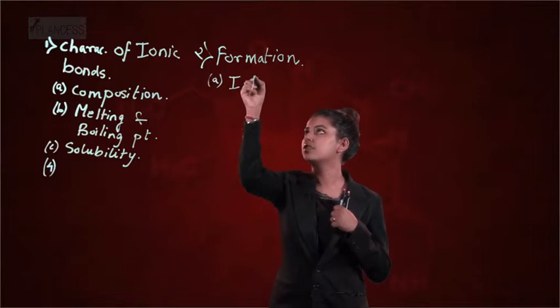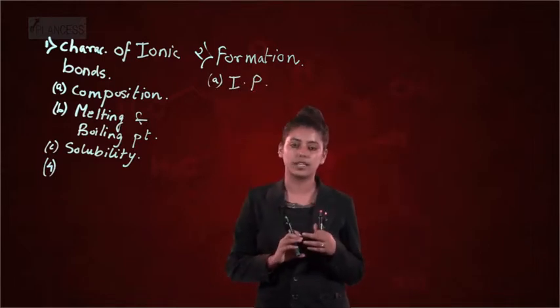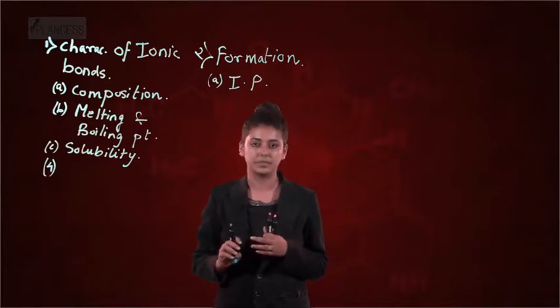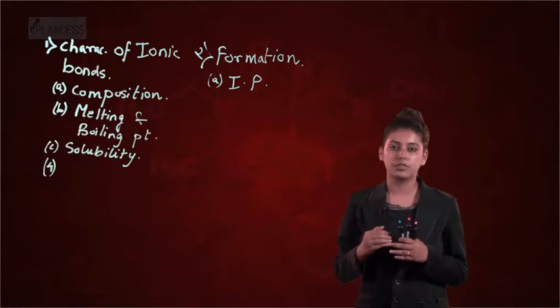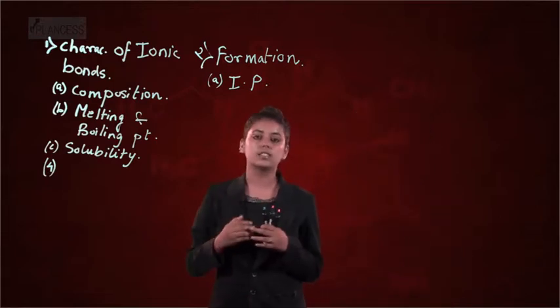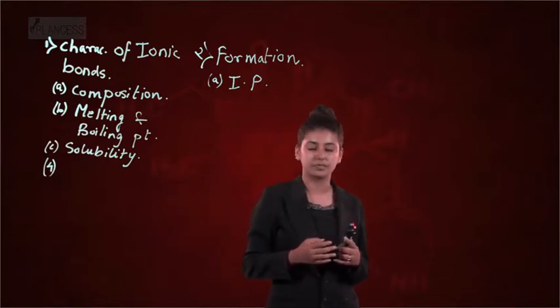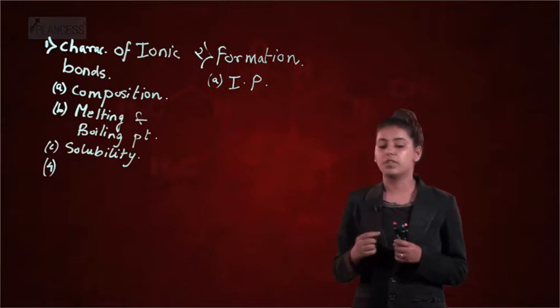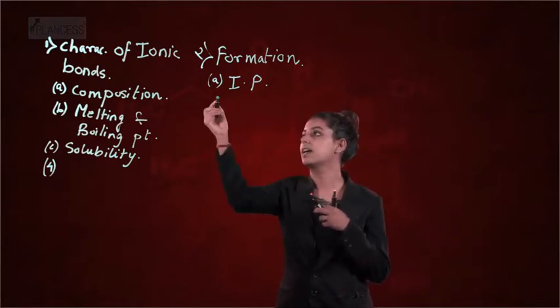Ionization potential relates to the element which loses its electrons in order to become a cation. The ionization potential should be low in order to form a cation. The next one is the electron affinity. This applies to those elements which gain electrons to form an anion. The electron affinity should be high for the element which is forming the anion.